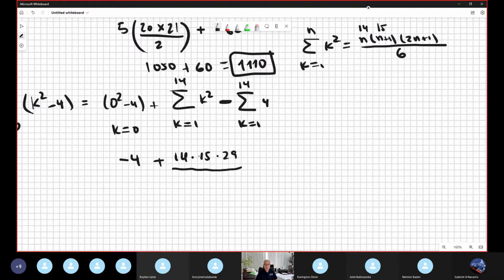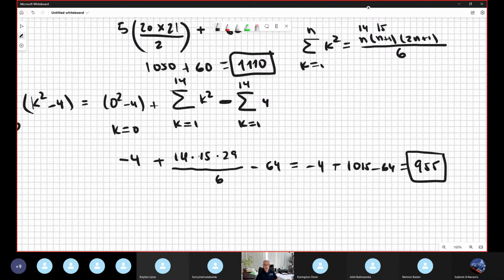Divided by 6. Minus, oh, this is a constant, so you multiply 4 times 14 and it's 56. The rest is calculated. You put it in the calculator: negative 4 plus 1015 minus 56. The answer is 955.